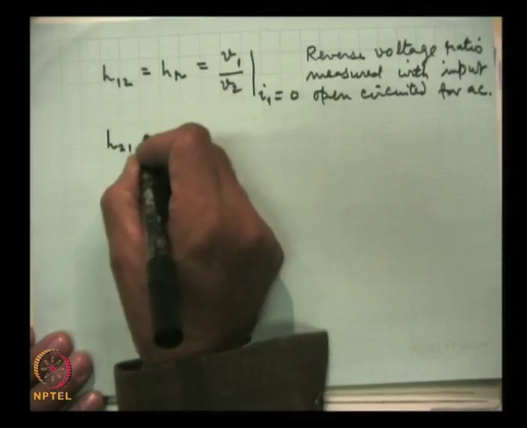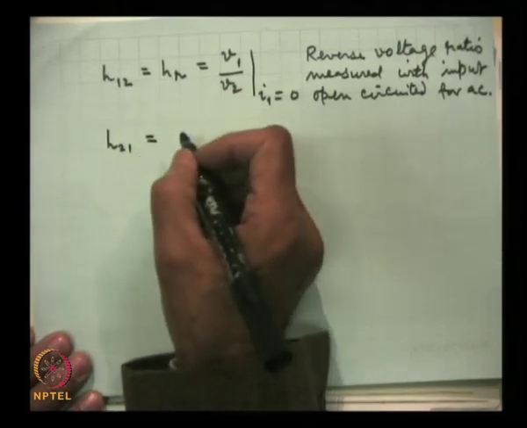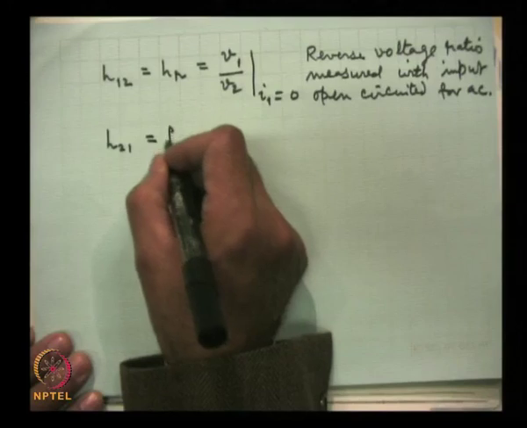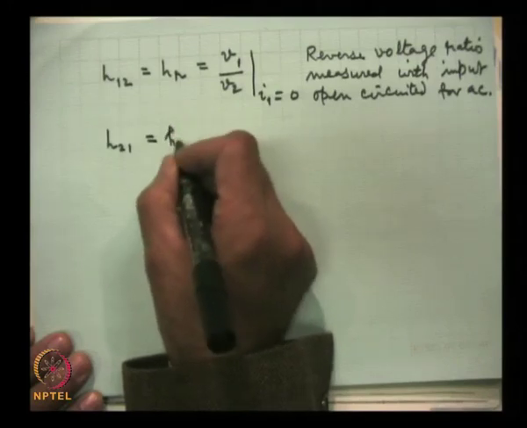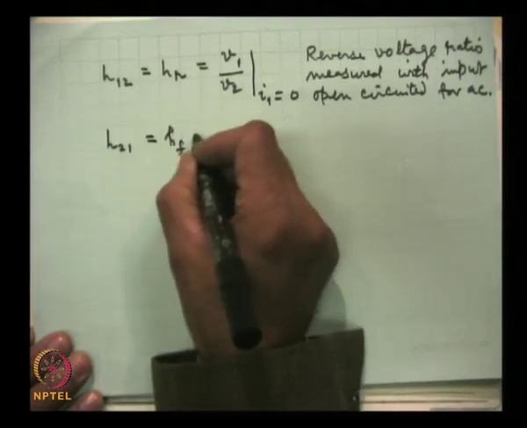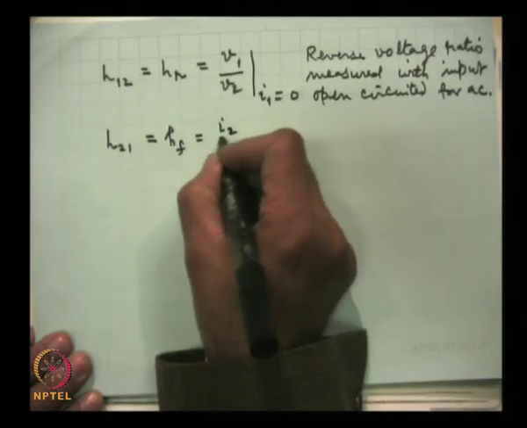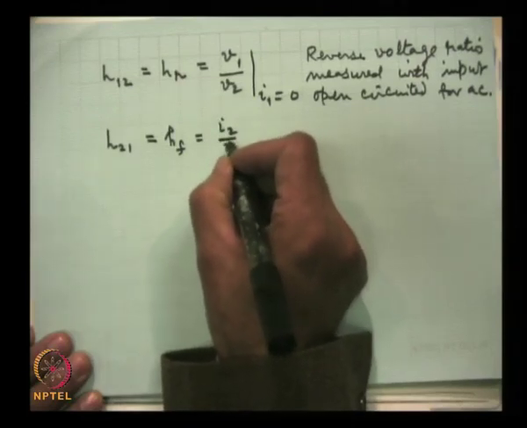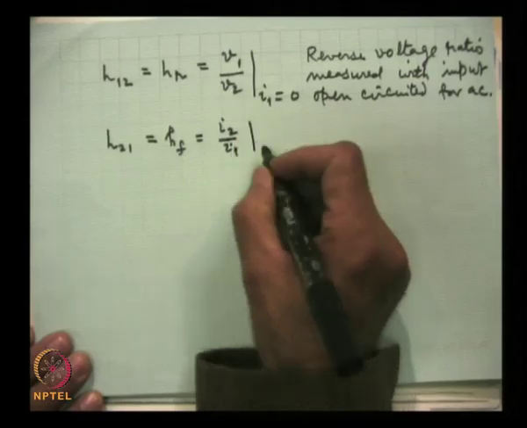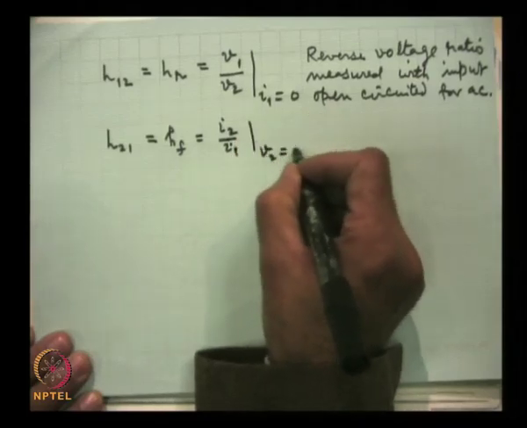H21, which is written as HF, and that is the ratio of I2 by I1 with V2 0.